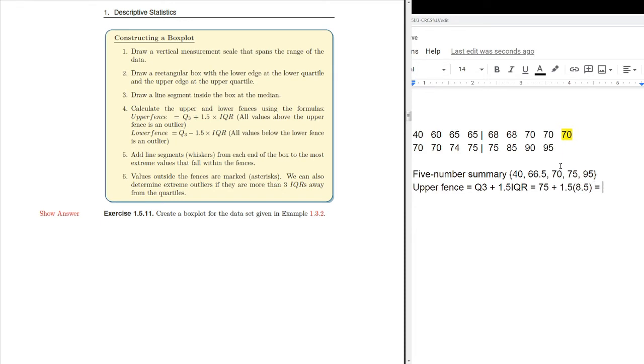And this gives us 87.75 as our upper fence. The lower fence is the first quartile, minus 1.5 times the interquartile range. So we have 66.5 minus 1.5 times the interquartile range, which was 8.5, and this is 53.75.